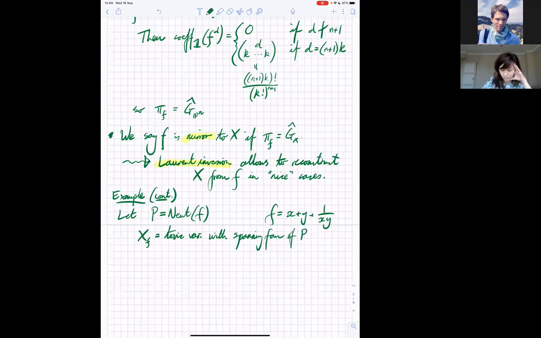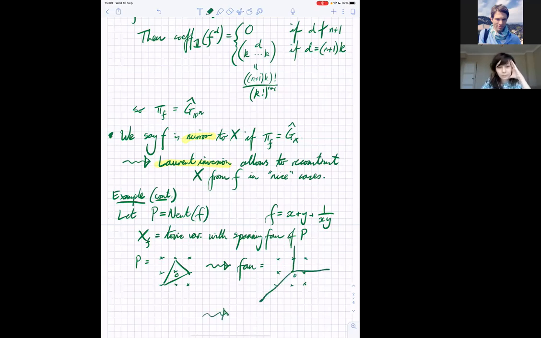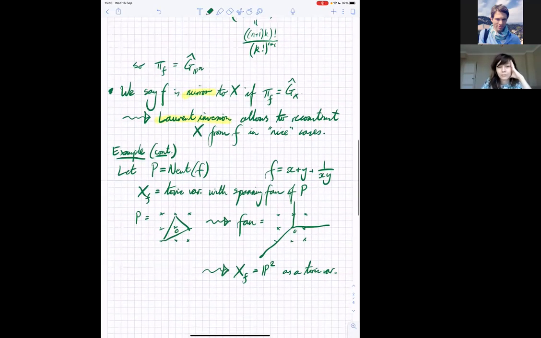Okay, and so in our case we have P is equal to this little triangle, and this is going to give us the fan, which is just going to be this fan, and we see that X_F is just equal to P^2 as a toric variety. So maybe it wasn't such an amazing surprise.